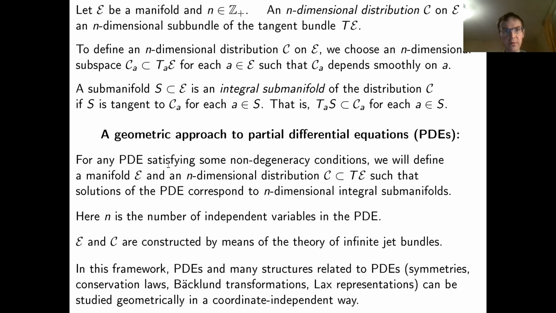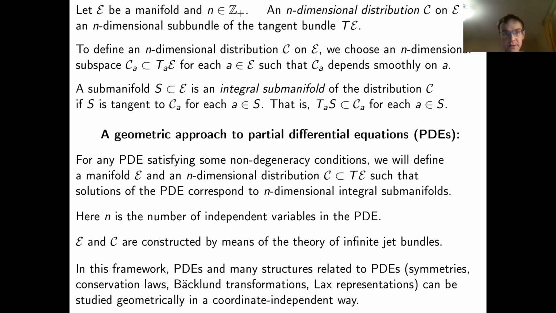So, for any PDE satisfying some non-degeneracy conditions, we will define a manifold and a distribution such that solutions of the PDE correspond to n-dimensional integral submanifolds. The number n is the number of independent variables in the PDE. The manifold E and the distribution C are constructed by means of the theory of infinite jet bundles, and I will explain what this means.